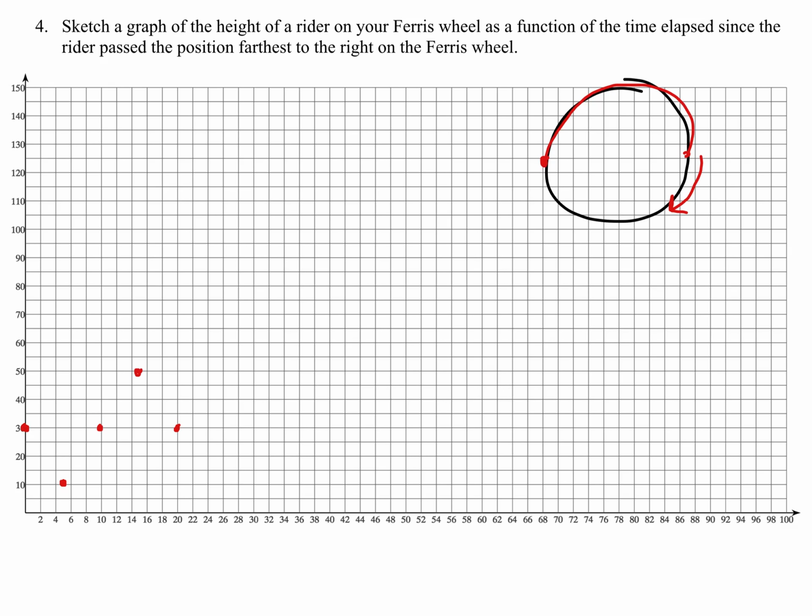So I'd go 5 seconds, 25. So every 5 seconds, I'm going to put a point on here.